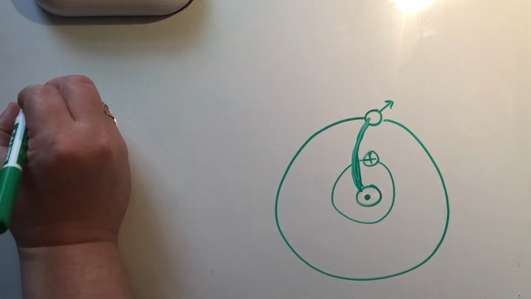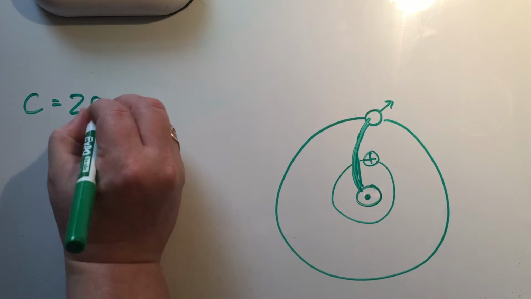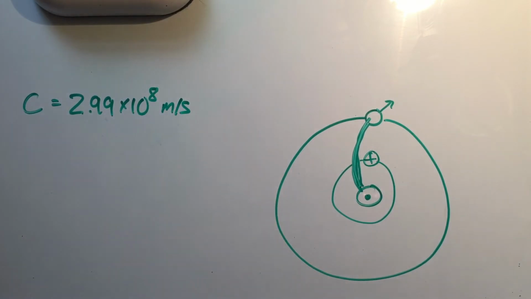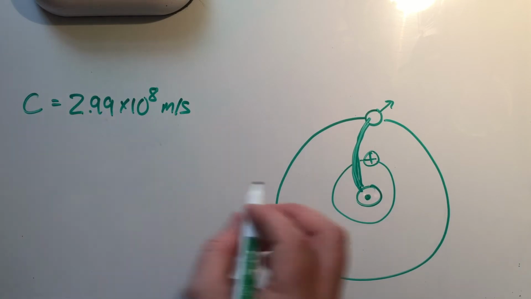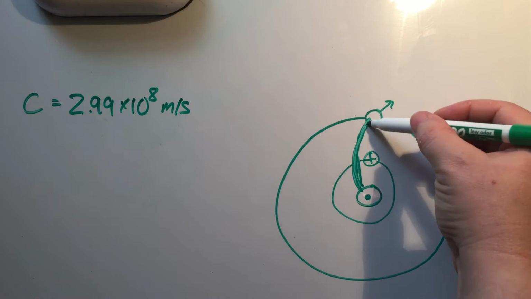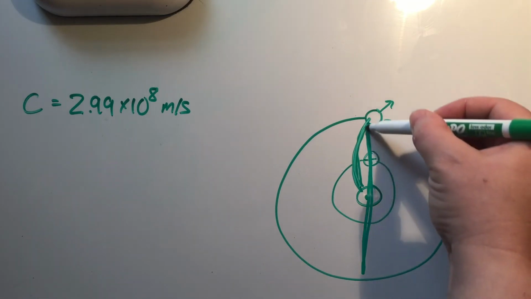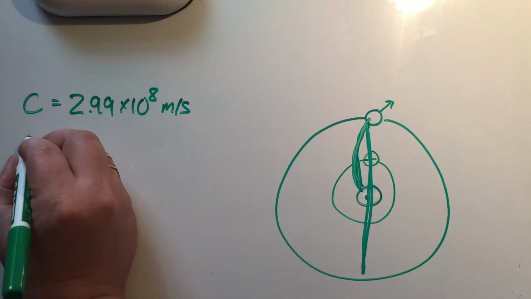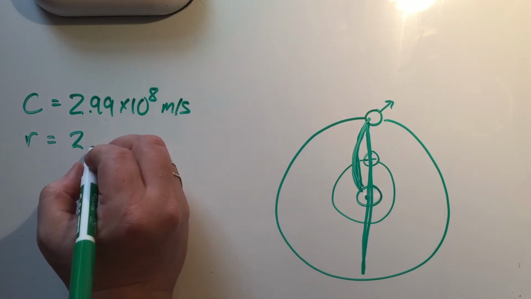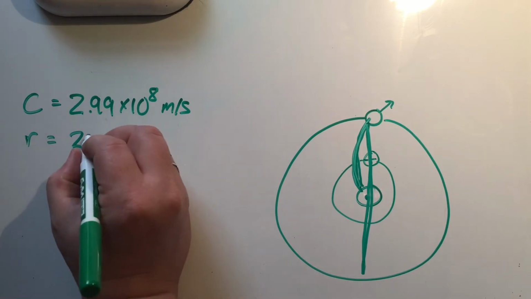So we know that the speed of light is equal to 2.99 times 10 to the 8th meters per second. We also know the distance, if we want the entire diameter of Mars's orbit, we were told that the radius is equal to 228 million kilometers.